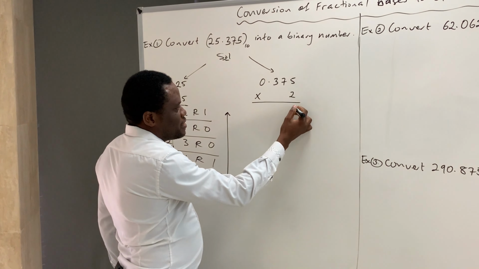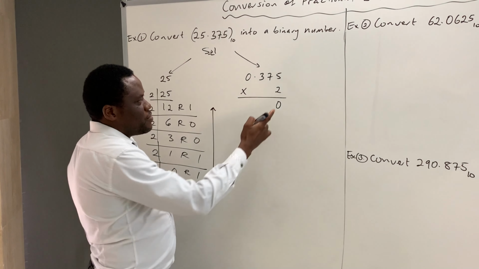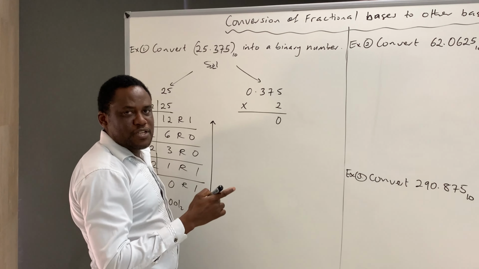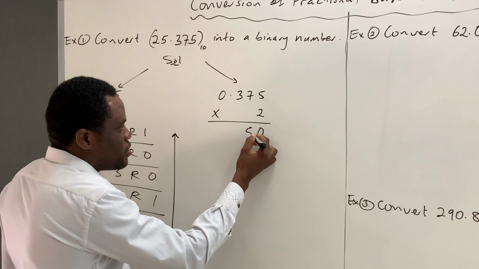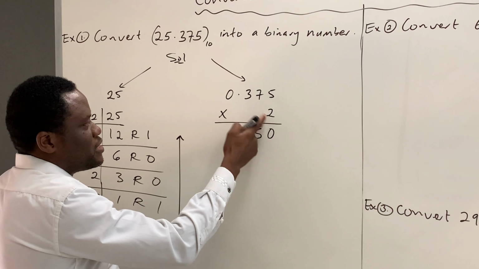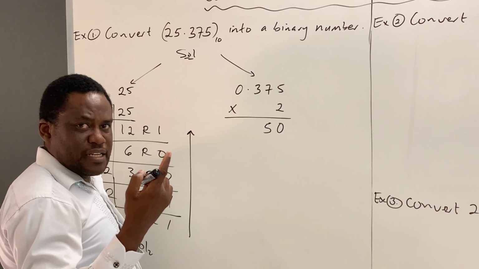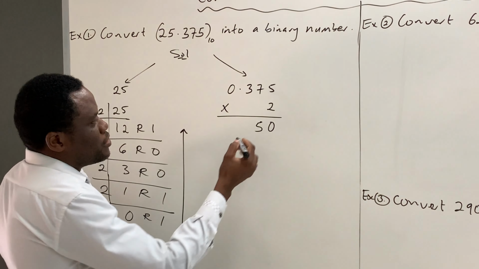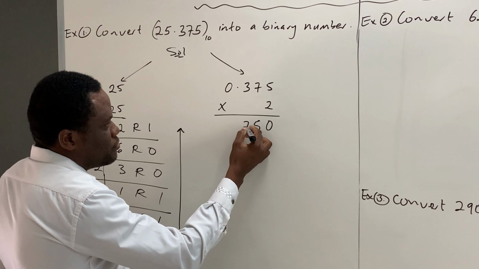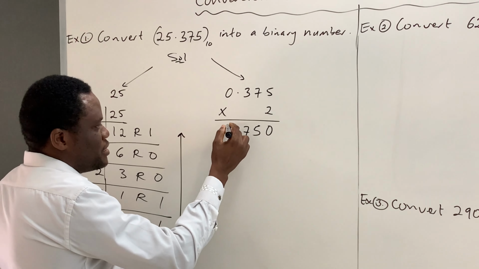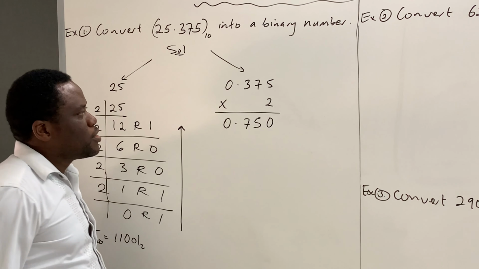This and this is 0. 1 is left. This and this, 14 plus 1, 15. 1 is left. This times this, 6 plus 1, 7. This times this is 0. Nothing remains.